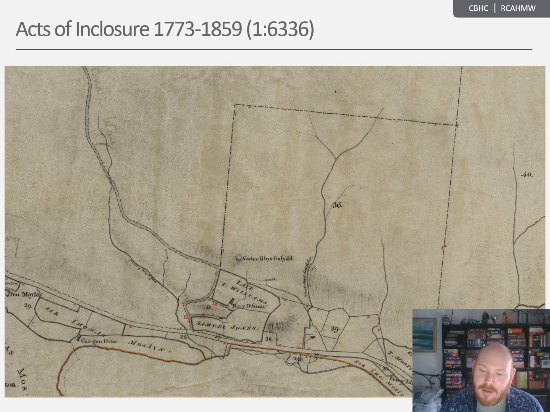So the fact that they're pointing out these place names, which may or may not have gone out of use, helps us fill in those gaps. And because they do tend to range a lot earlier than the first edition OS and the Tithe, they are an important resource to be able to give us not only the landowners, to then chase the detective story of trying to see if they had an estate map or anything, but they also fill in things like place names which may or may not have gone out of use as well.